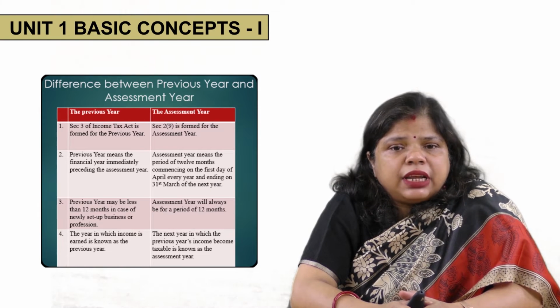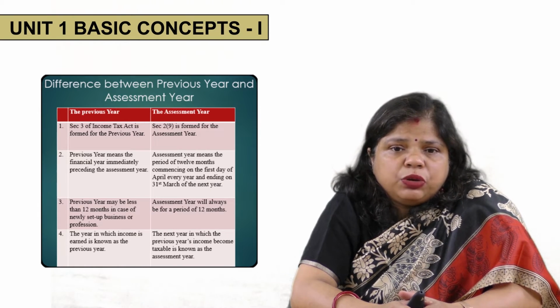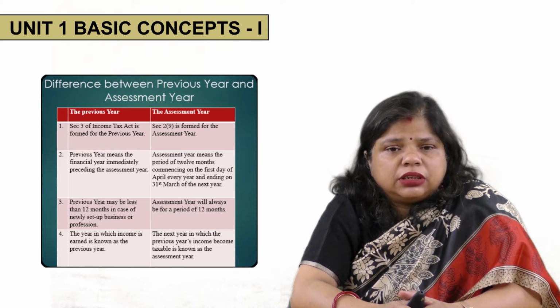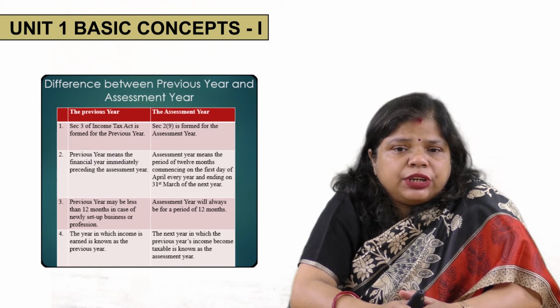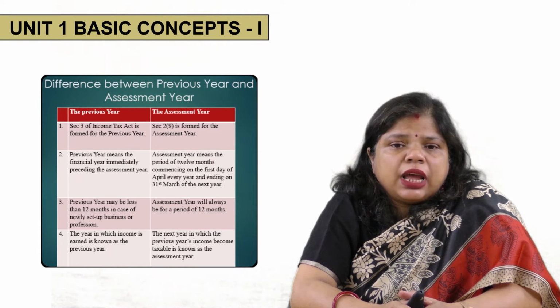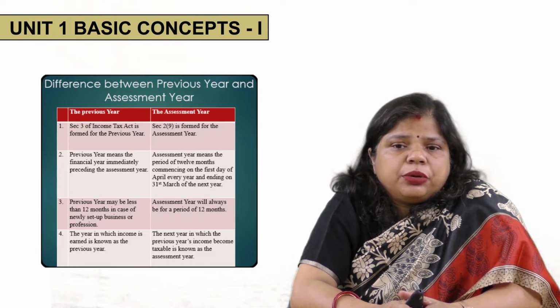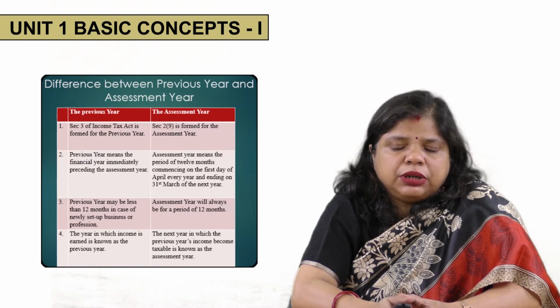Previous year may be less than 12 months in case of newly set up business or profession. Assessment year will always be for a period of 12 months. The year in which income is earned is known as previous year. The next year in which previous year's income becomes taxable is known as assessment year.